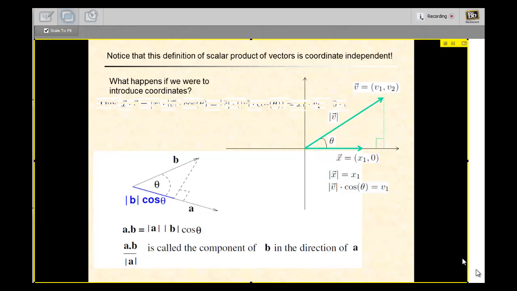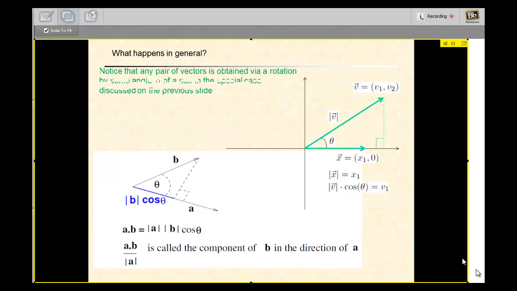So cos theta will be v1. So x into v will be equal to x into v cos theta, that is x dot v1 plus 0 dot v2.